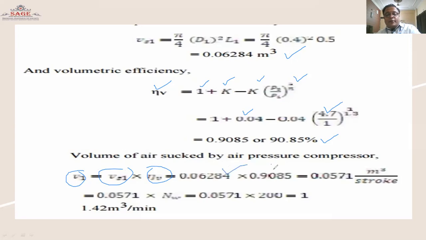It will be converted here to 0.0571 meter cube per stroke. And here it will be multiplied by the speed of the compressor.